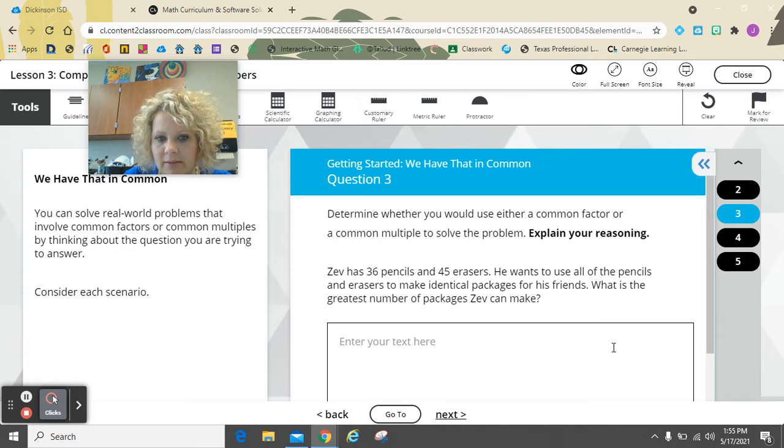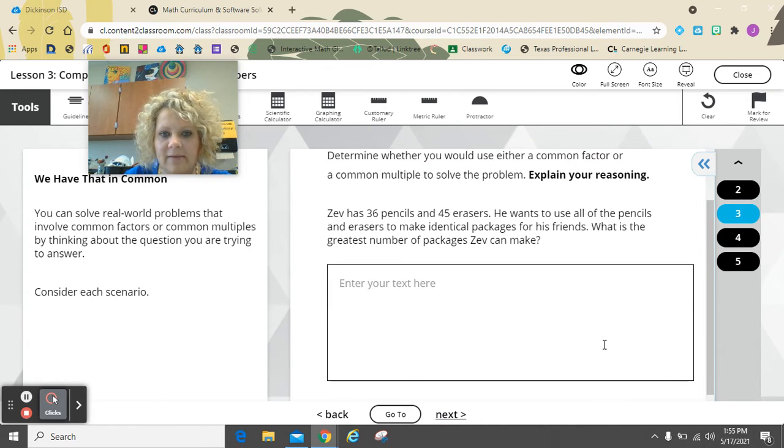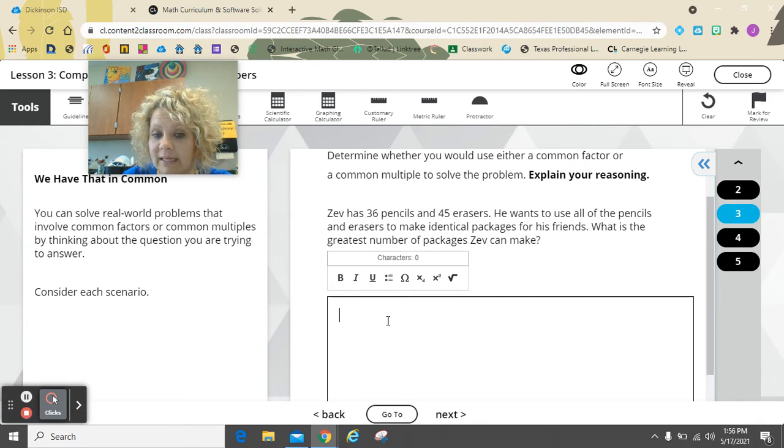And here's a different one. So we're going to do the same thing. Zev has 36 pencils and 45 erasers. So we're talking about two different quantities. He wants to use all of the pencils and erasers to make identical packages for his friends. What is the greatest number of packages that he can make? So here they want to know how we're sharing those quantities. We have 36 pencils and 45 erasers.